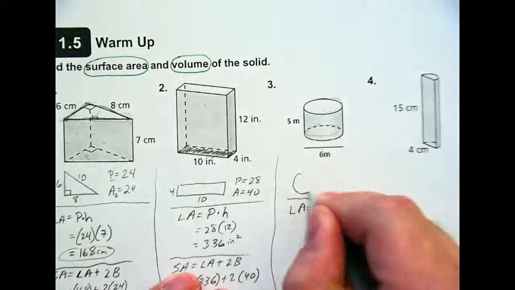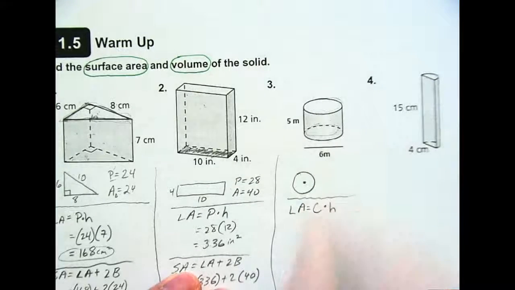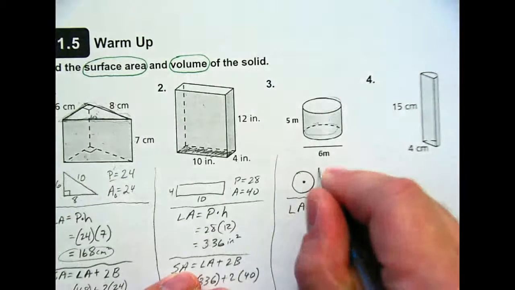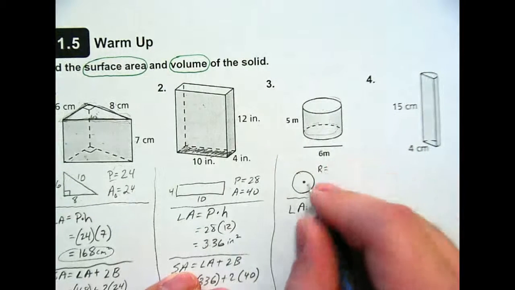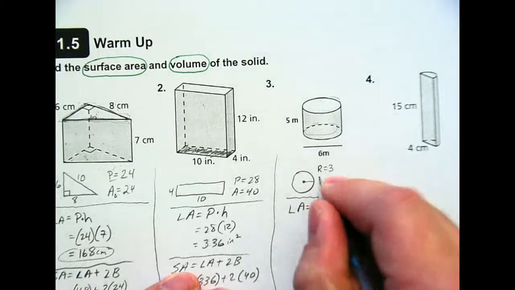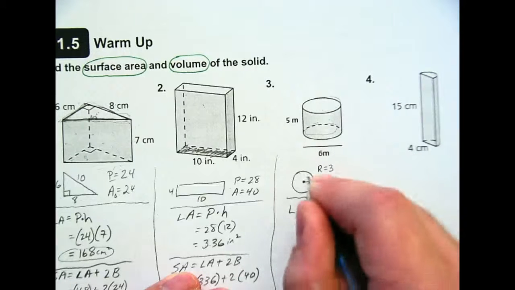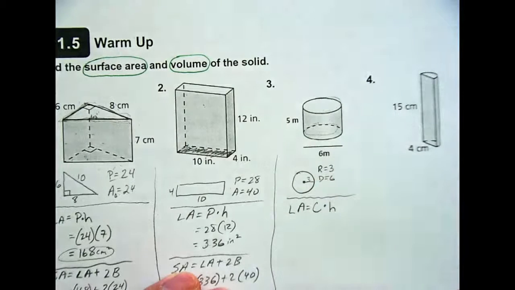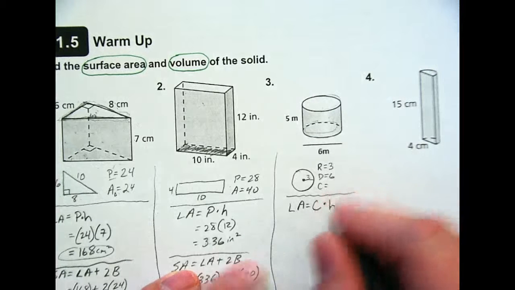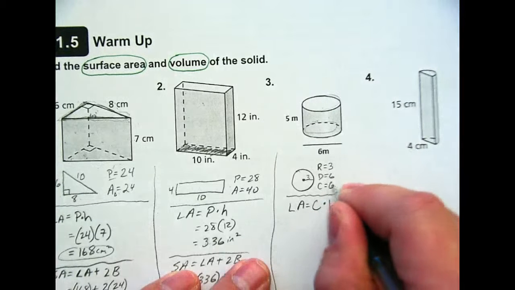Okay, so what I'm going to do is the same thing I did over here. I'm going to take those circles, and I like to list a bunch of measurements here. I like to list the radius, which in this case is going to be 3, because the diameter is 6. So that's 3. Okay, I like to list the circumference. Circumference is C equals 2 pi r, which is 6 pi.